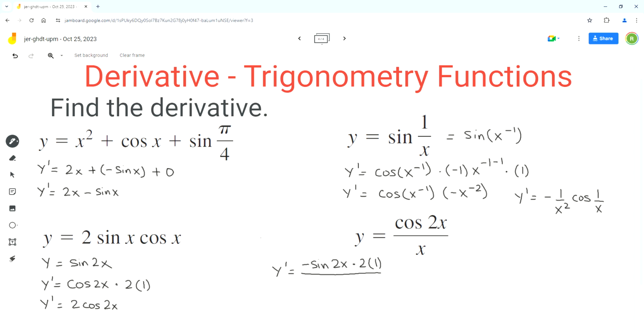So 2 is the coefficient of the term, so it will stay as it is, and the derivative of x is 1, times the denominator, and minus the numerator times the derivative of the denominator, and the derivative of x is 1, over the square of the denominator.